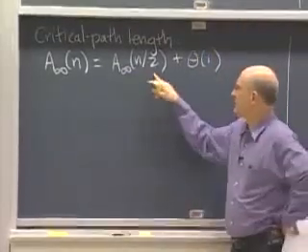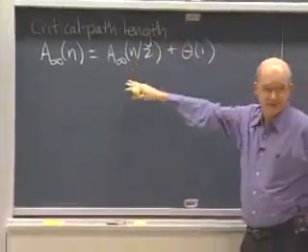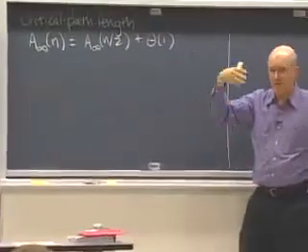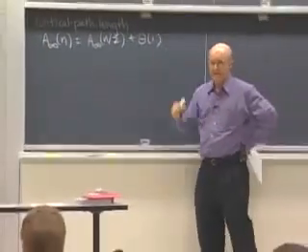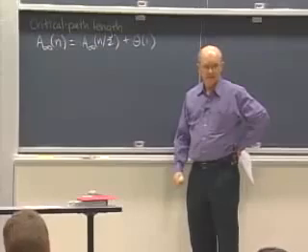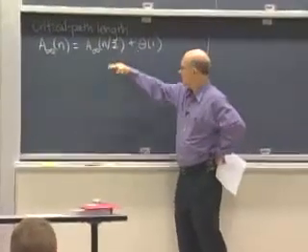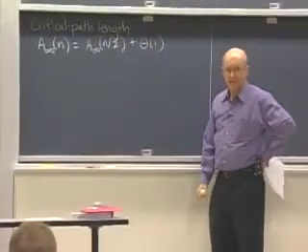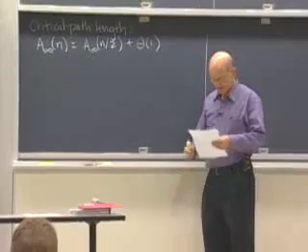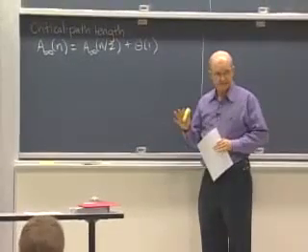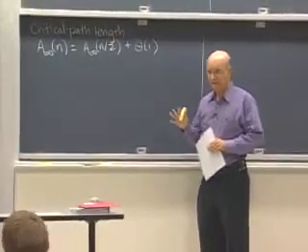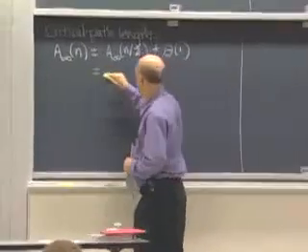This is the worst of any of those four, because they're all the same: the critical path of a problem that's half the size. People with me? Okay, so what's the solution to this?